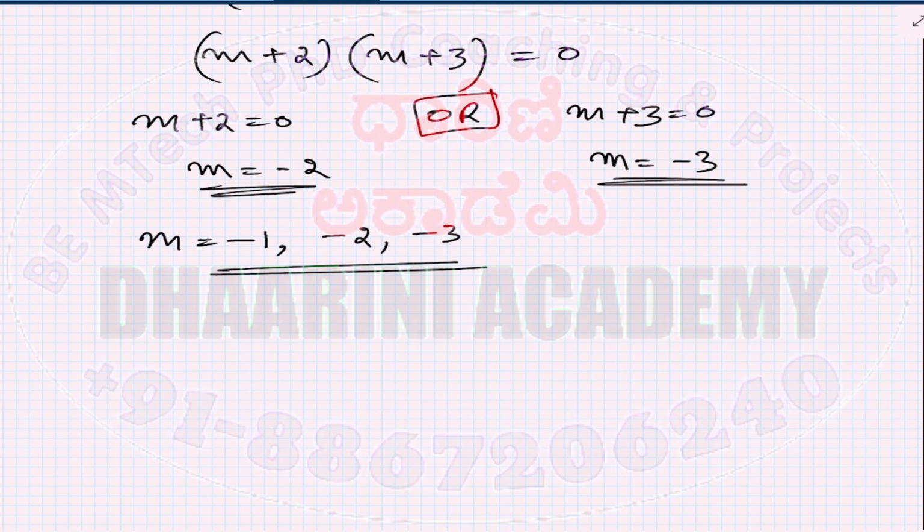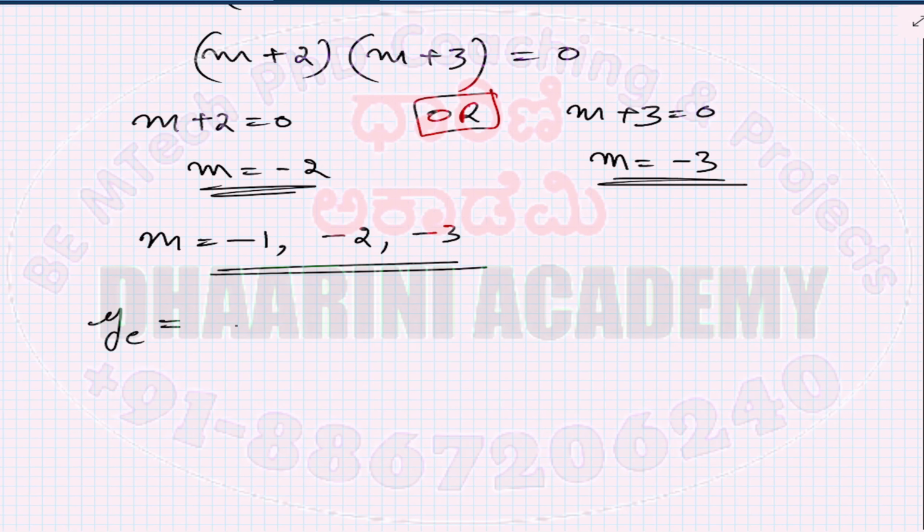And I just have to refer to my table to see which category it belongs to. If you see, they are not equal, they are not complex, but they are real. They are real but not repeated. So this belongs to the first case. So what is the first case?